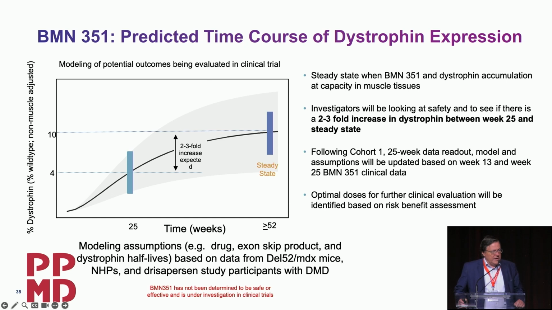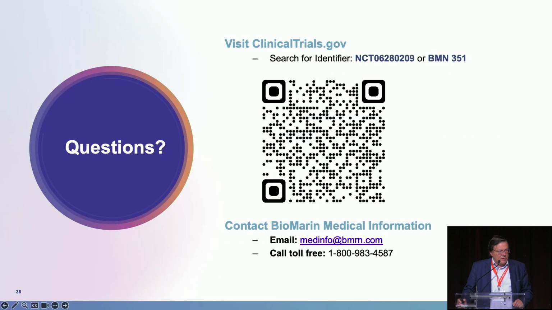So they're going to look at whether there's a difference between dystrophin expression at week 25 with a subsequent biopsy, to see if there are continued increases in it as well. So I'll add here, you're welcome to contact Biomarin for medical information about which sites in the US will be doing this.